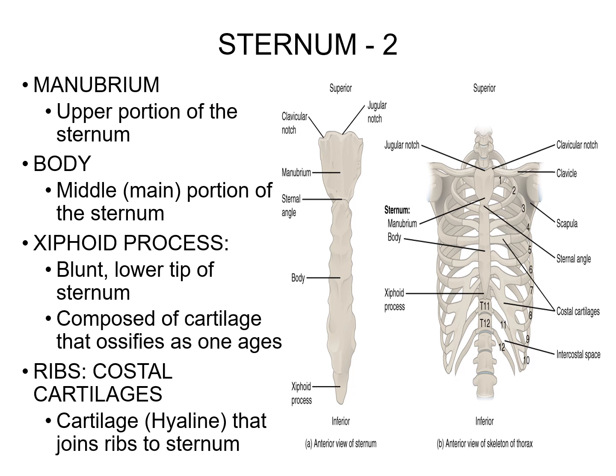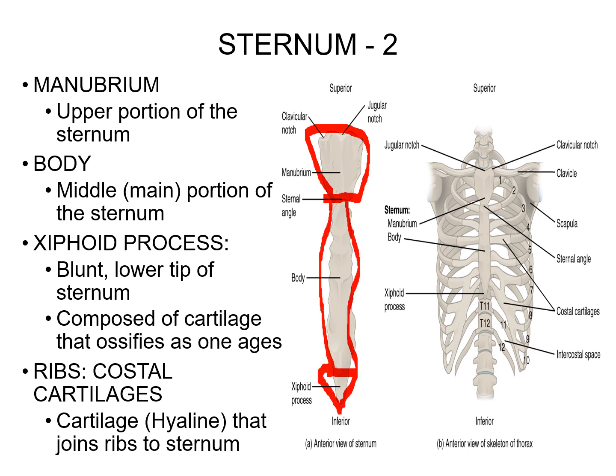The sternum can be separated into 3 parts, and I'm going to draw those 3 parts for you right here. The most superior portion of the sternum is called the manubrium, and the manubrium serves as a really great place for your clavicle, your collarbone, to attach to, so you can move your arm.